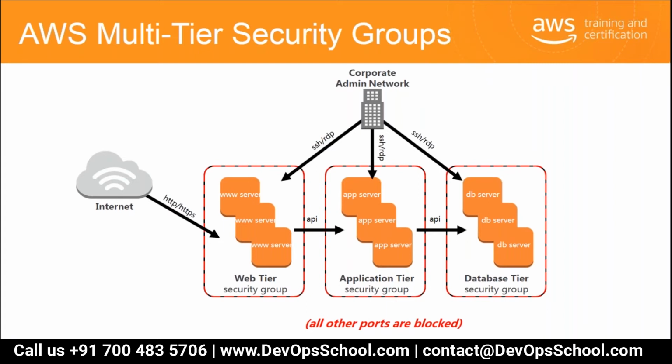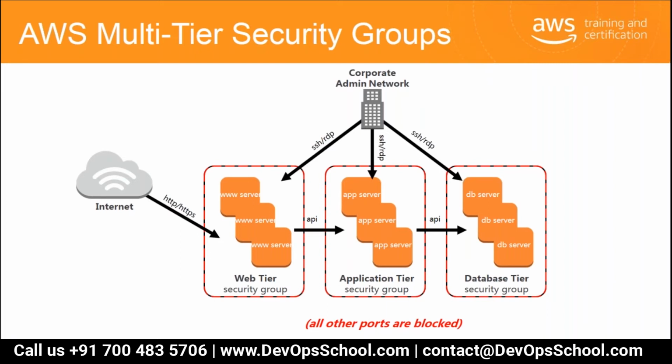The web tier will access the application tier only by a specific port. For example, if your application server is a Tomcat server and you allow port 8080 to be accessed, only that port is allowed. All the other ports will be blocked.